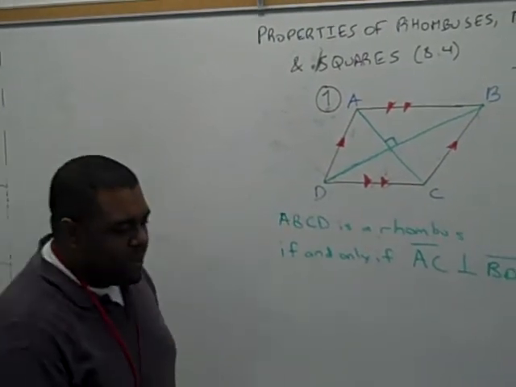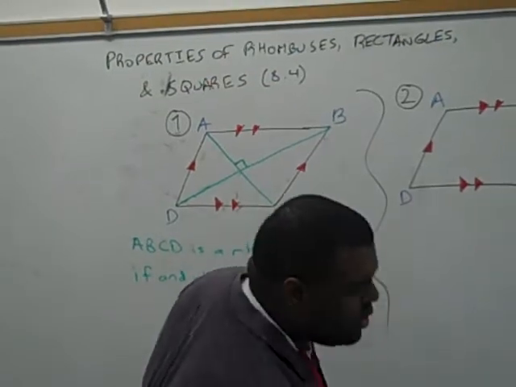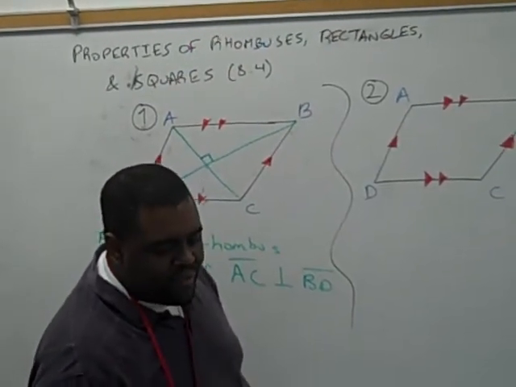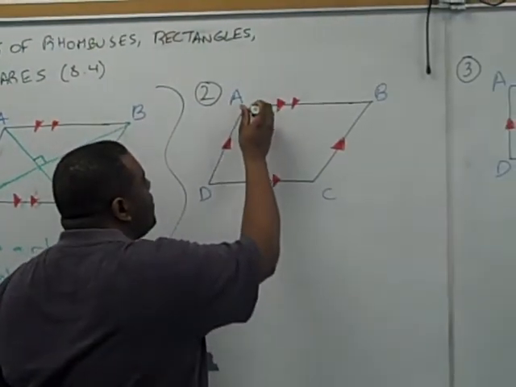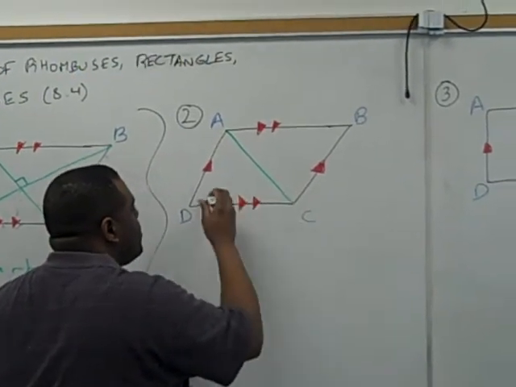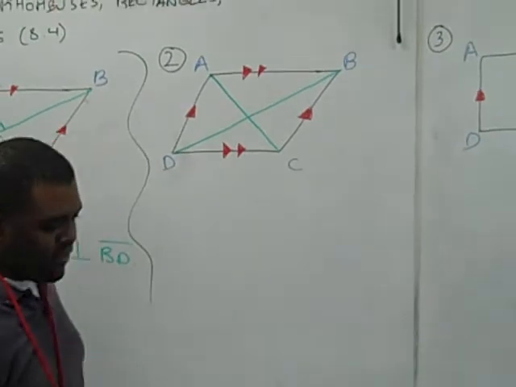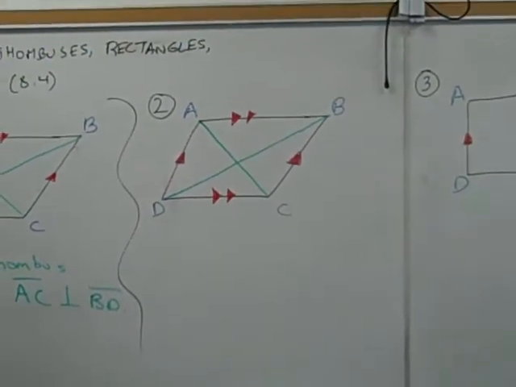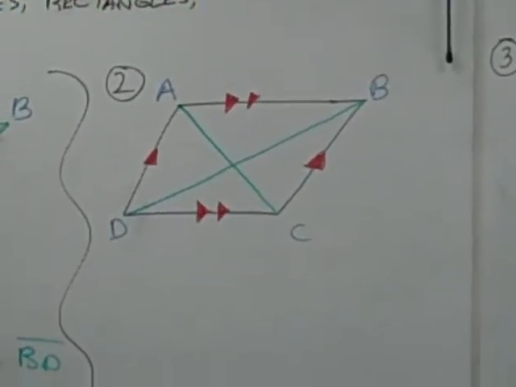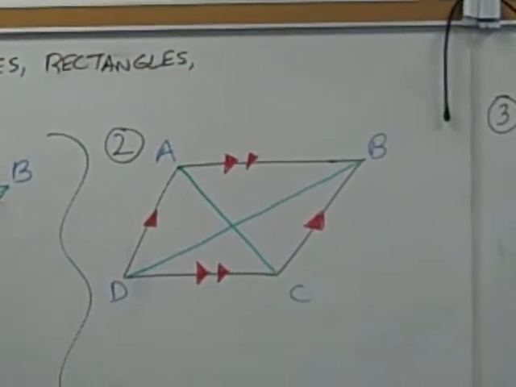All right, let's go to the second picture. I'm again going to draw the diagonals. Now this time I'm not going to mark that it's a 90-degree angle or anything like that, but we're just going to mark it like this.